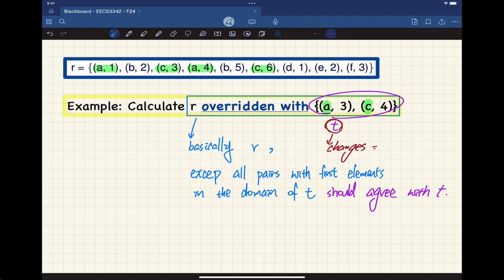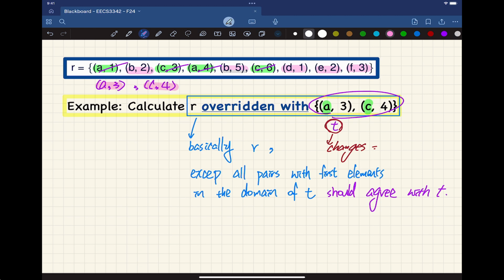So it will be as if, in this case, get rid of them and then simply put back T. A3, and then C4. So the resulting pair will be 1, 2, 3, 4, 5, 6, 7.